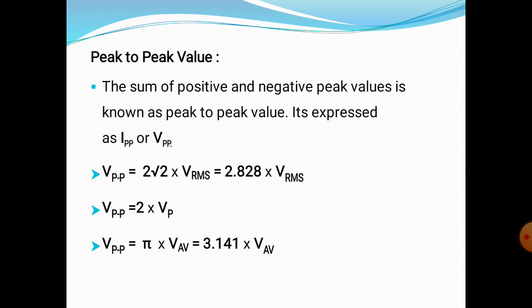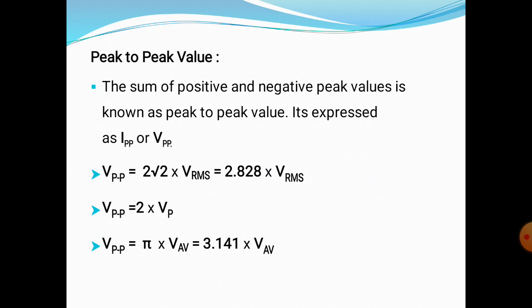And next one is peak to peak voltage. Peak to peak voltage is the sum of positive and negative peak values. It can be expressed in terms of IPP or VPP. IPP is peak to peak current and VPP is peak to peak voltage.